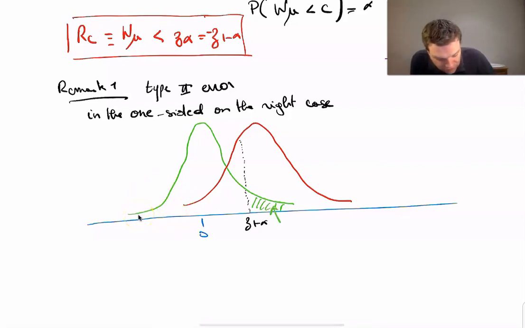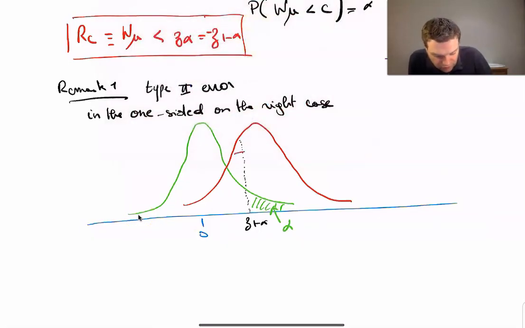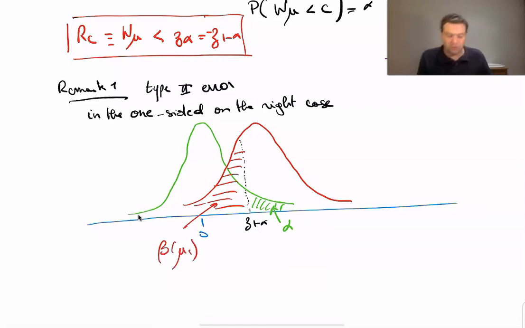This surface is exactly alpha. And if we want to have the type 2 error, this one is beta, and beta also depends on the value of mu1, as in the two-sided case. Because this is the type 2 error, this is the type 1 error.